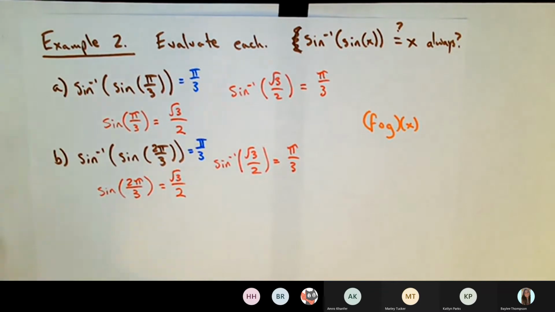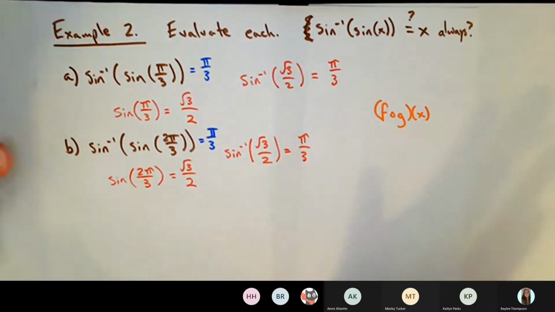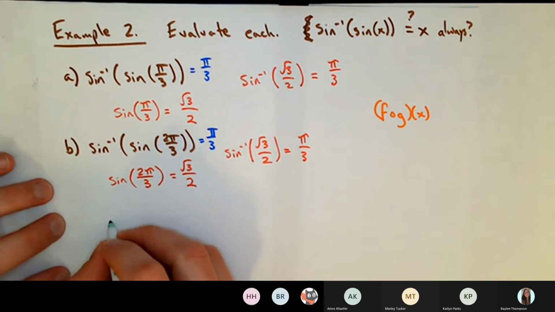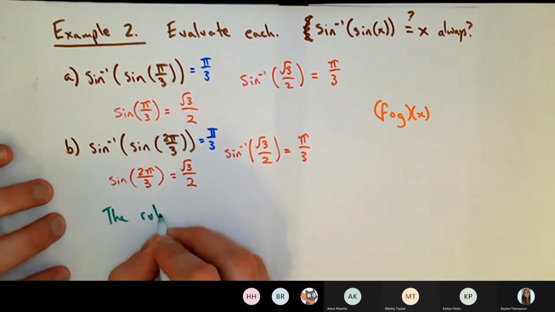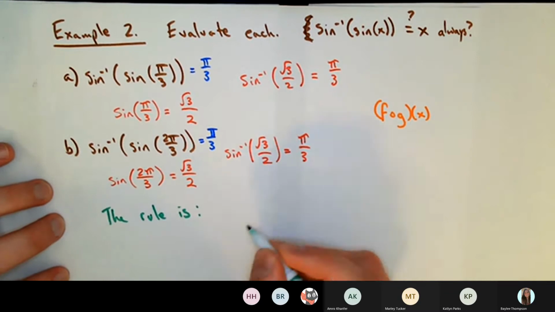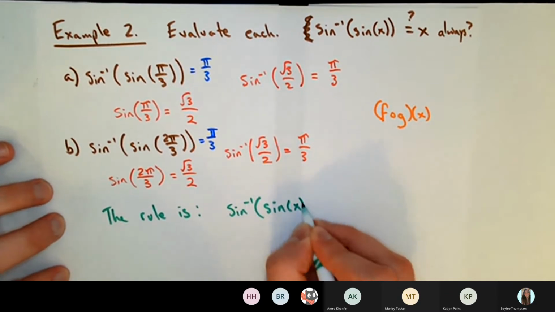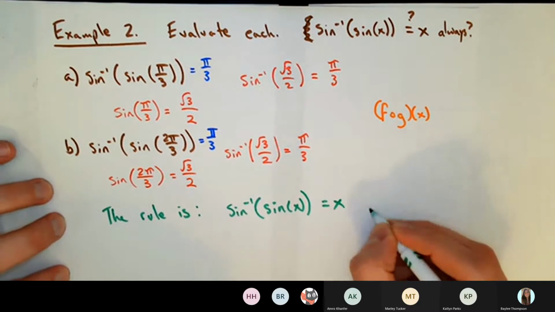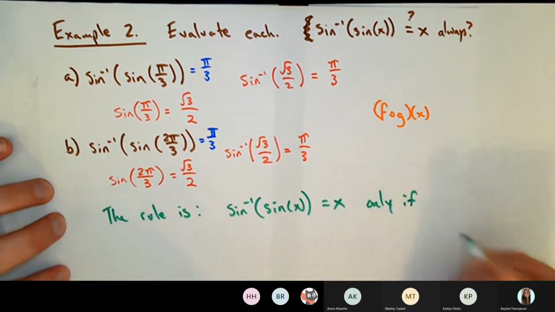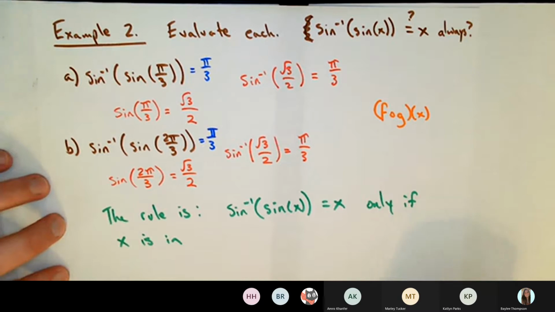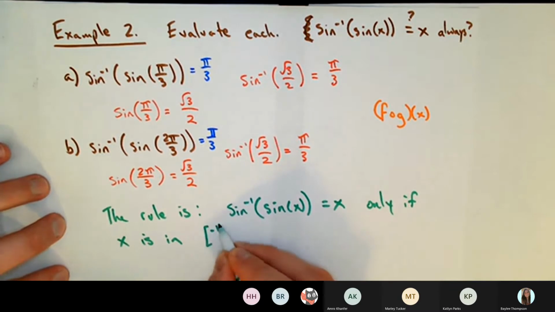So here's the rule. It's going to be the same or similar for cosine. The rule is sine inverse of sine of x is equal to x only if that x angle is in the range of sine inverse, which is negative pi on 2 to pi on 2.